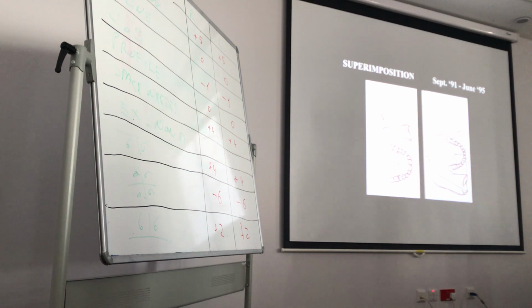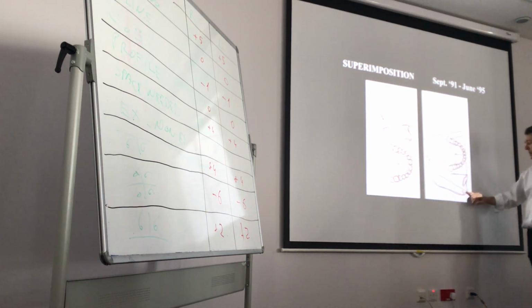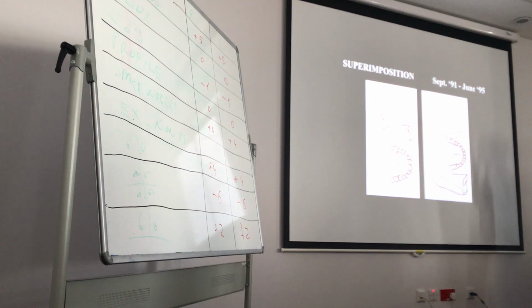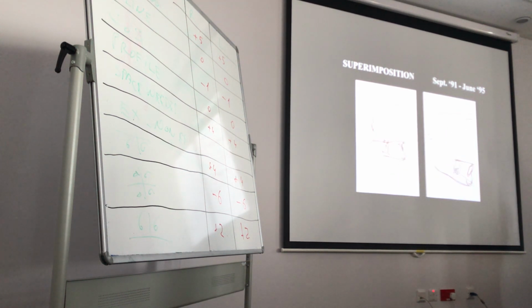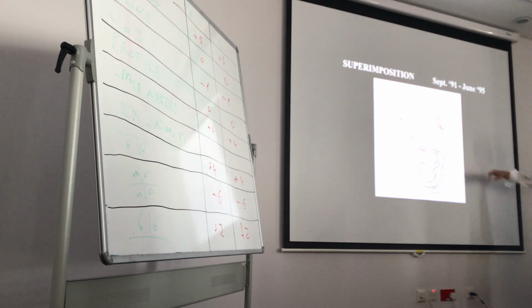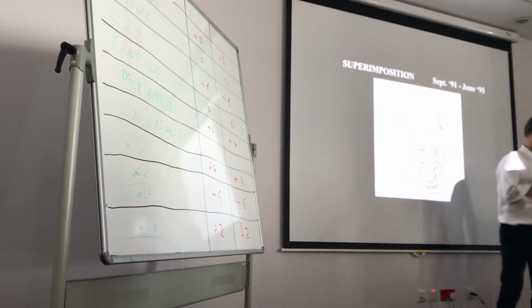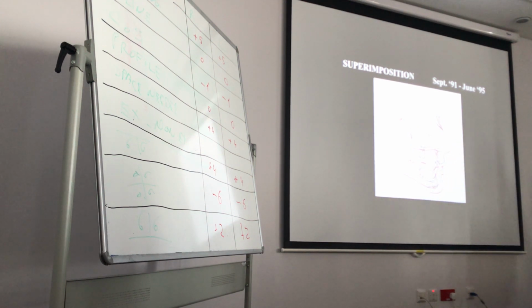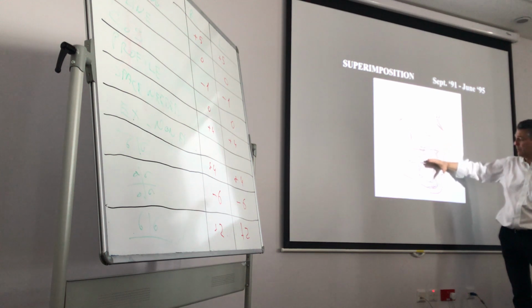We superimpose on the key ridge here, we superimpose on the symphysis here, and we superimpose on the anterior part of the sella and the anterior cranial base on the partial superimposition. And you should see and should know that this is going down, okay?